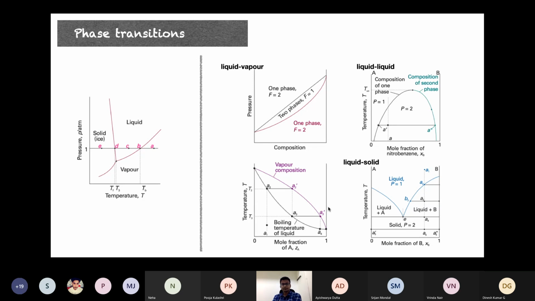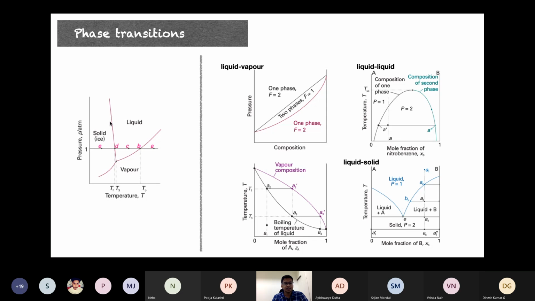Now, here I listed or collected a few diagrams. Many of you will be familiar with these diagrams. The first one is for pure water. Okay, I have a question for everyone.